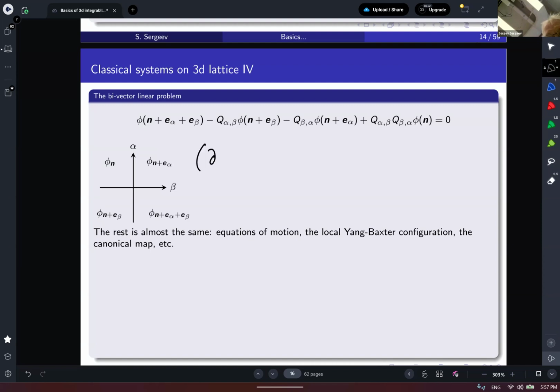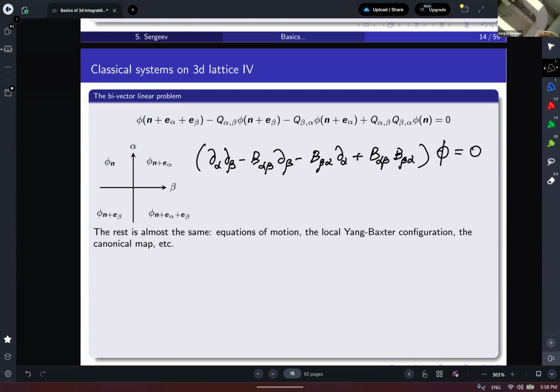So we had d alpha d beta minus b alpha beta d beta, I think, minus b beta alpha d alpha plus the product b alpha beta b beta alpha, being applied to a scalar linear variable, would be 0.